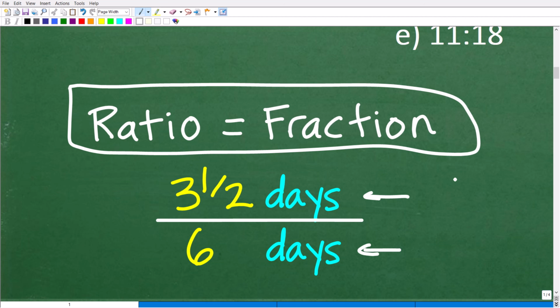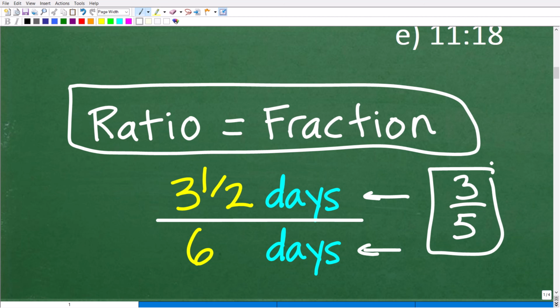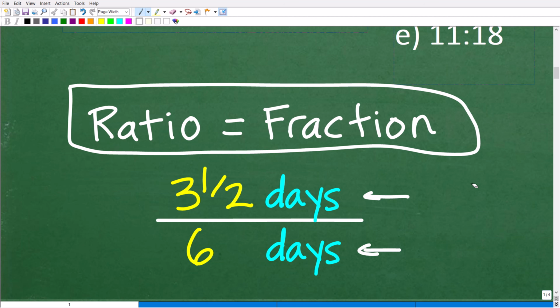Now, if I have the fraction, let's say 3/5, this is just a fraction. I could think of this as a ratio, but typically when we talk about ratios, rates, and proportions, you have units of measure involved. So here is a fraction, 3.5 days over 6 days. The fraction bar is the word "to," or of course we have our little colon symbol as well.